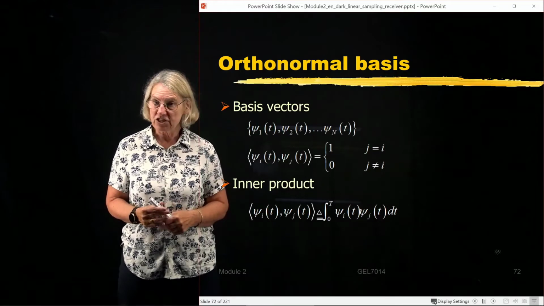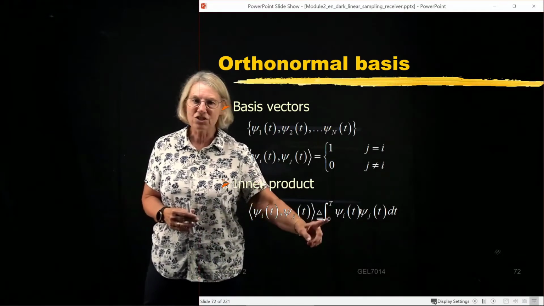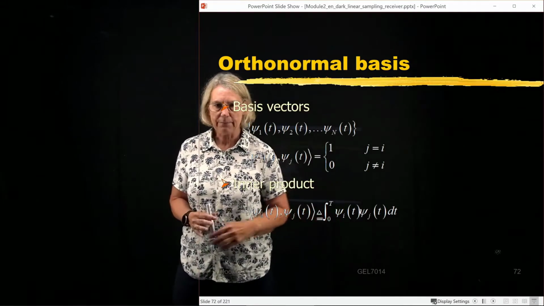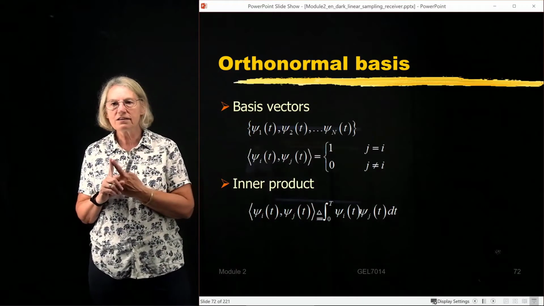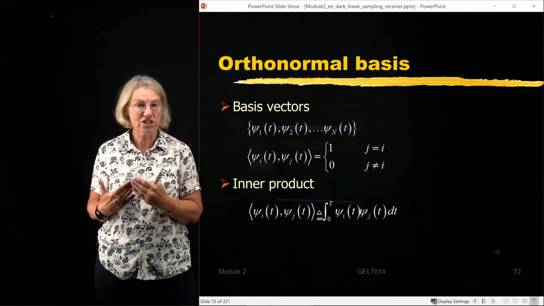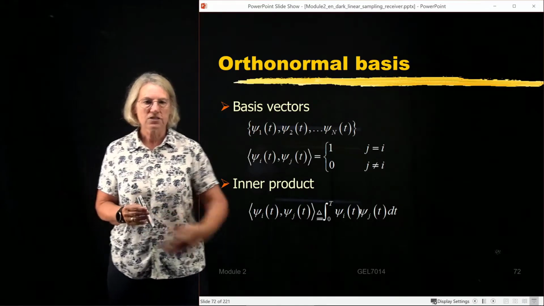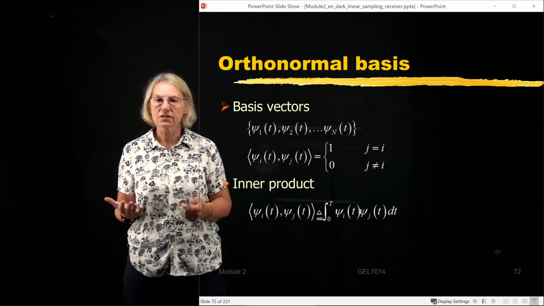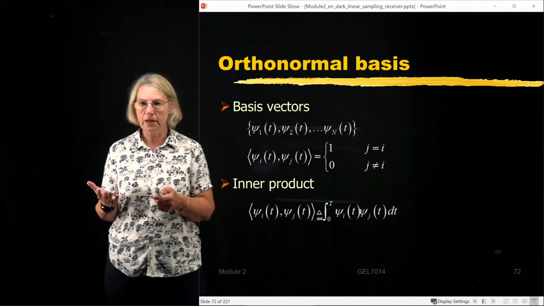By definition, I'm going to take the integral over one symbol interval, the integral from 0 to capital T, of the product of the two signals. That is going to be the definition of the inner product. So here's the inner product in this orthonormal basis for the signal space that I am proposing.